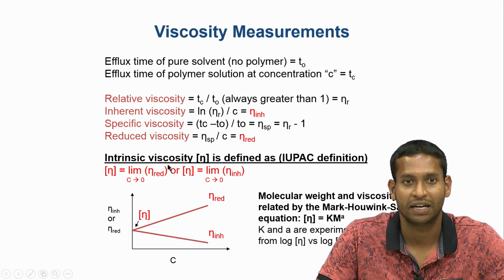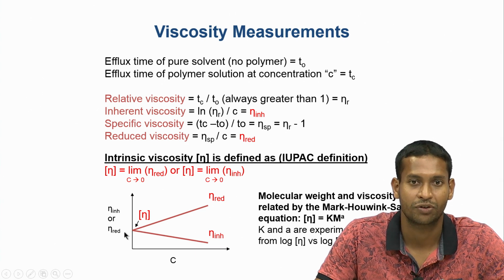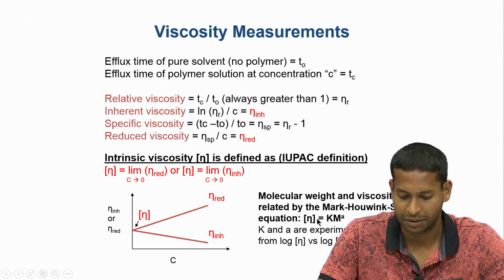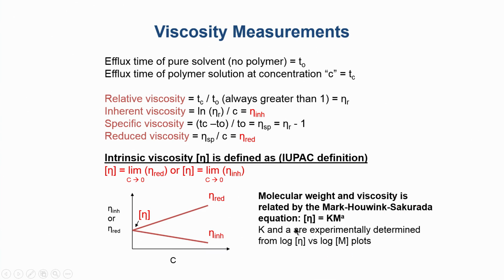The one that is very widely used is the intrinsic viscosity, which can be computed by extrapolating to concentration 0, and from the Mark-Houwink equation we know that the intrinsic viscosity is related to M as: intrinsic viscosity equals K multiplied by M to the power of a, where K and a are experimentally determined through several experiments.